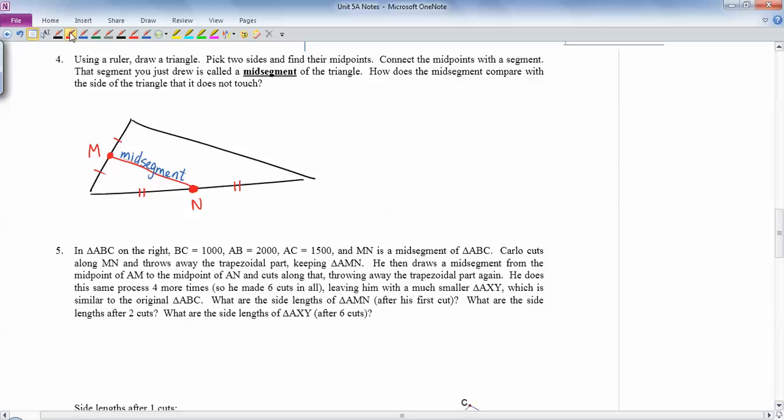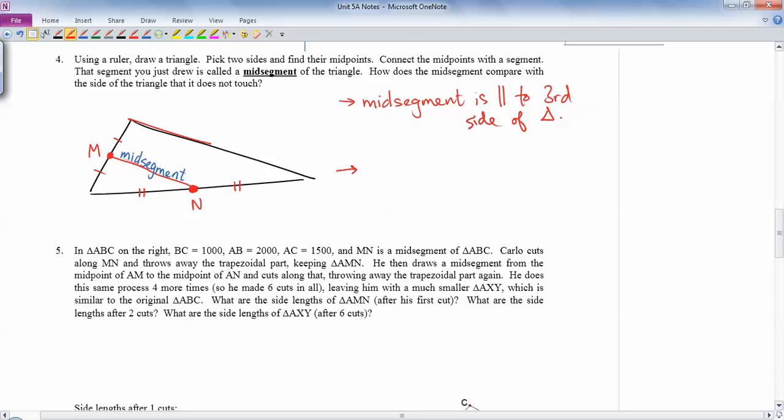Okay. So we did this in class, and really we're not going to prove it, but most people were able to guess that the mid-segment and that third side are going to be parallel to each other, which is true. So one fact is the mid-segment is parallel to the third side of the triangle. And then the other thing, I asked people in class to measure how long their sides were.